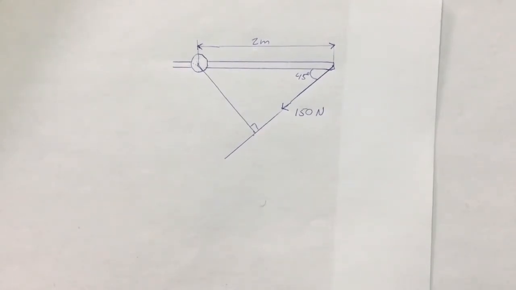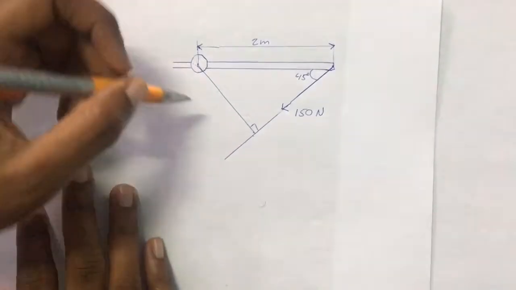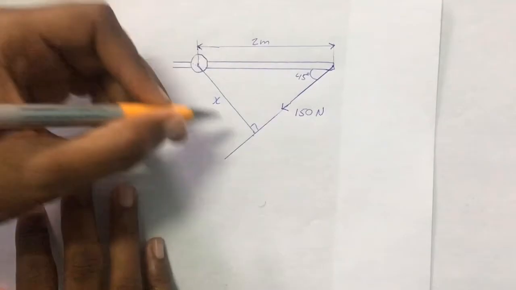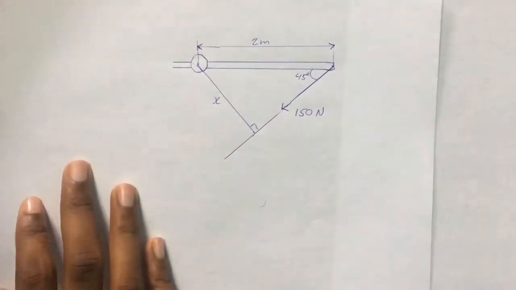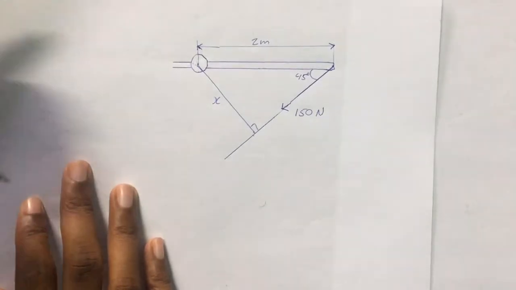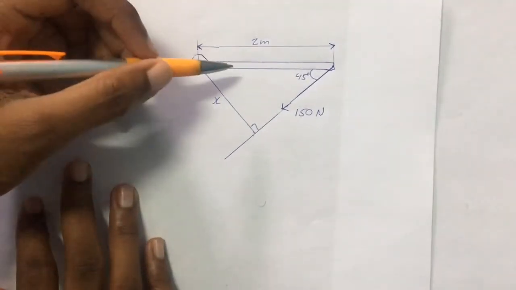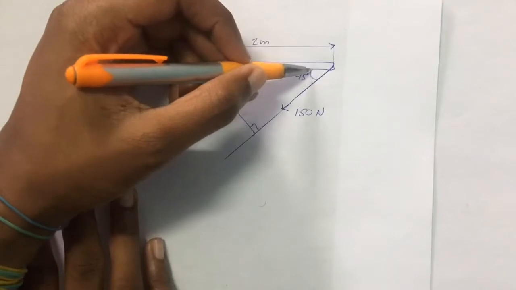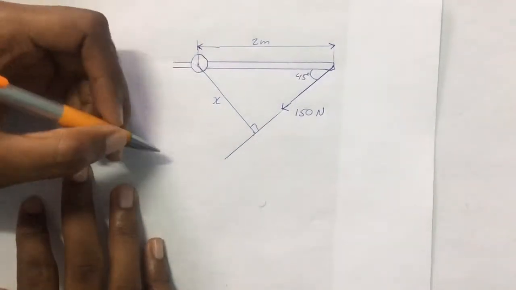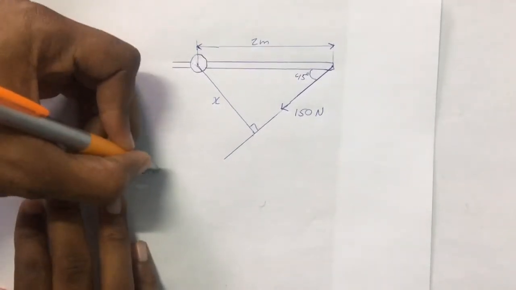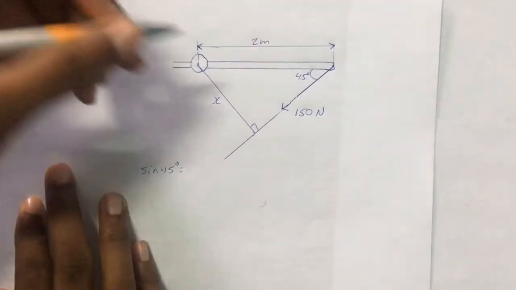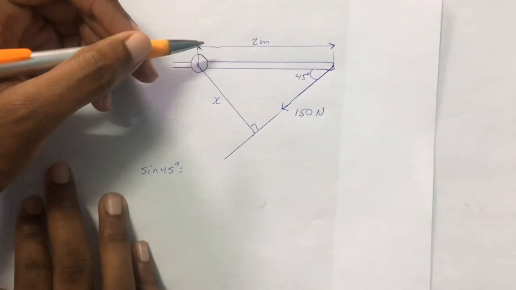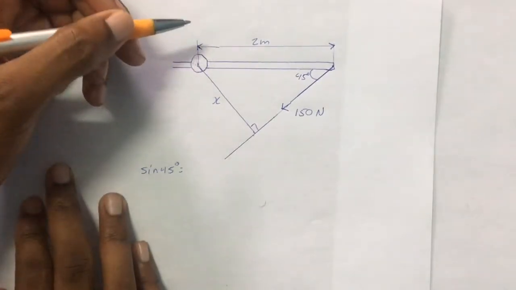So how do we find this distance here? We'll call it x. Note that this actually makes a right angle triangle, so we can use trigonometry to actually solve this. So we have a 45-degree angle here, so we can say the sine of 45 degrees is equal to the opposite over the hypotenuse, right?